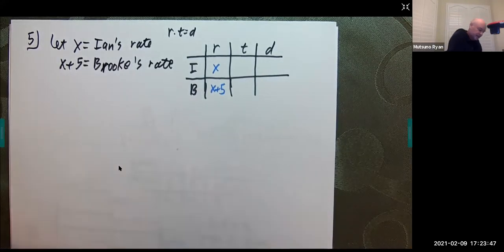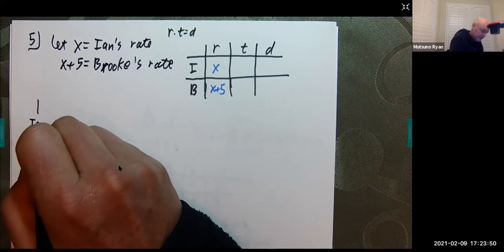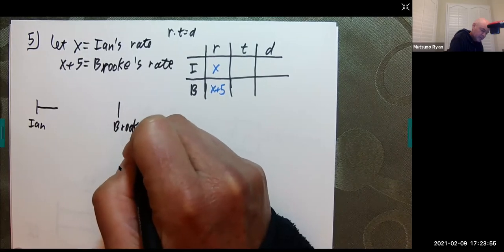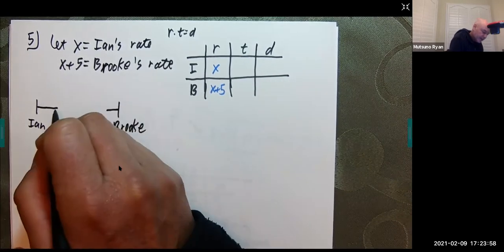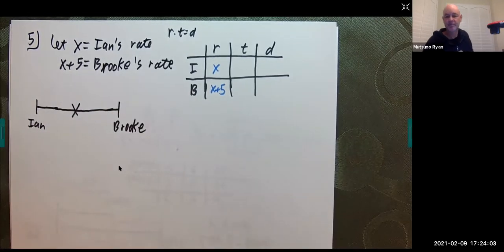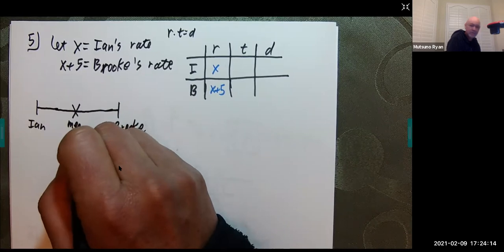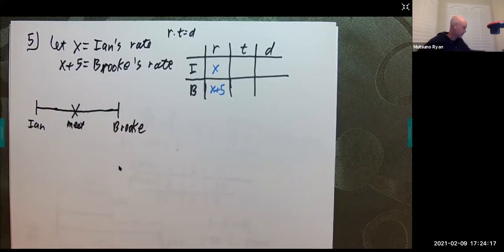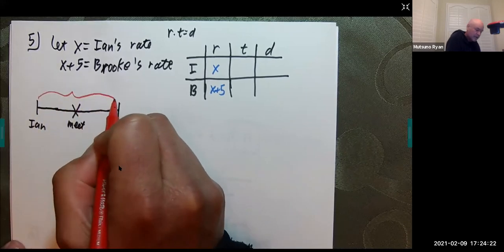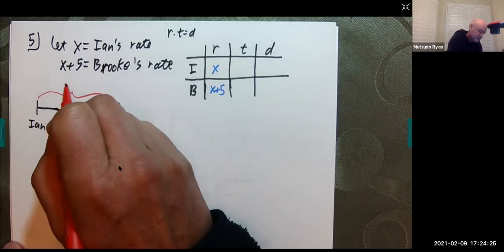So it's looking to me that we have Ian going this way, and we have Brooke going this way. And they are actually going to meet somewhere. This is the meet place. It starts out that they are a distance of 371 miles.